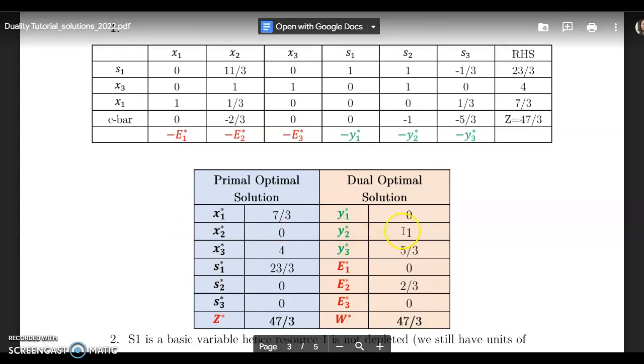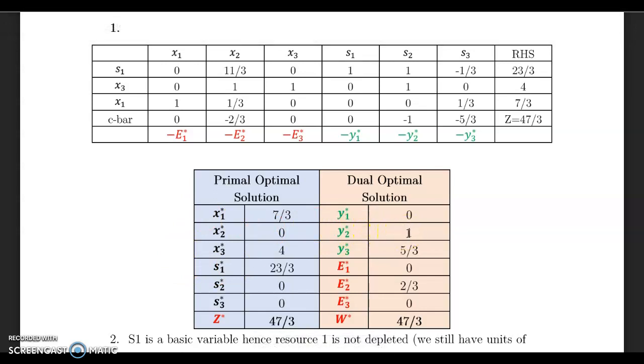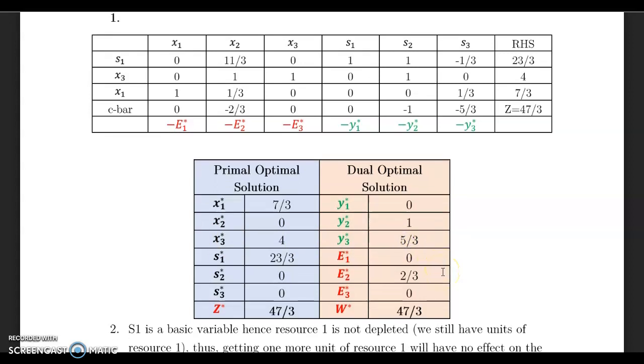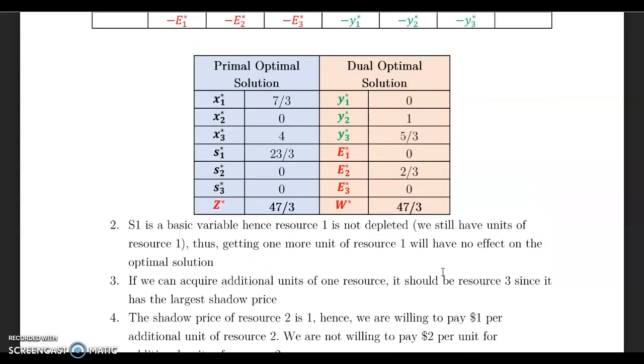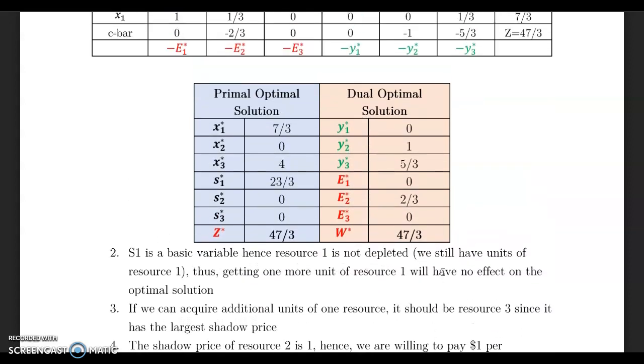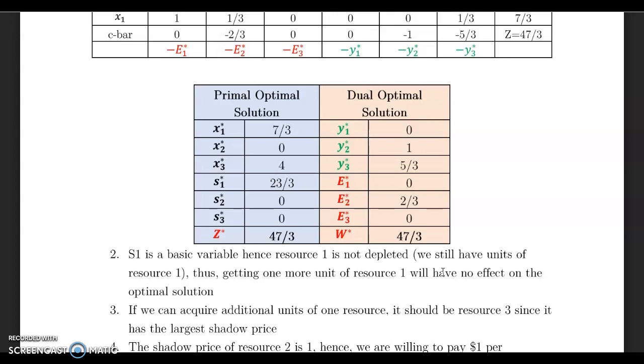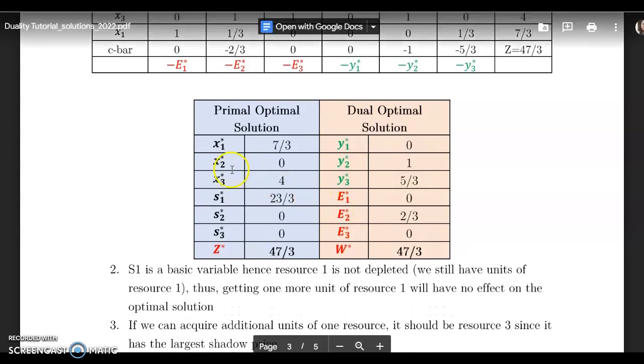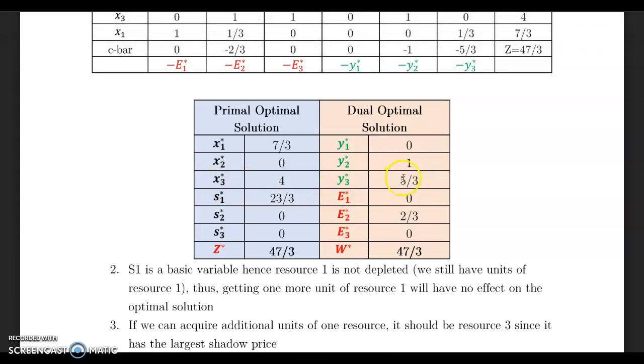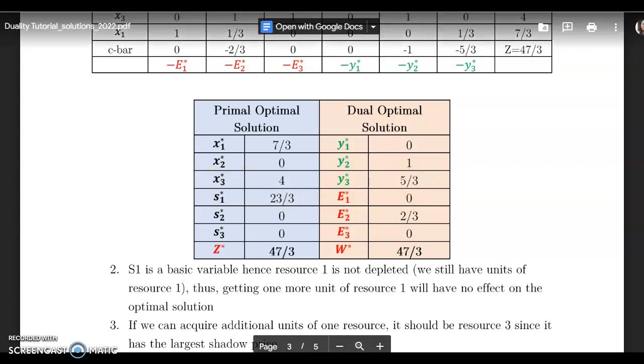The x2 shadow price equals 1, so increasing by 1 unit gets $1 profit. And the x3 shadow price equals 5/3, which gives us the maximum profit if we increase resource 3 by 1 unit. So if we can acquire additional units of one resource, it should be resource 3, since it has the largest shadow price. Getting 1 unit will give us $5/3 in reward.